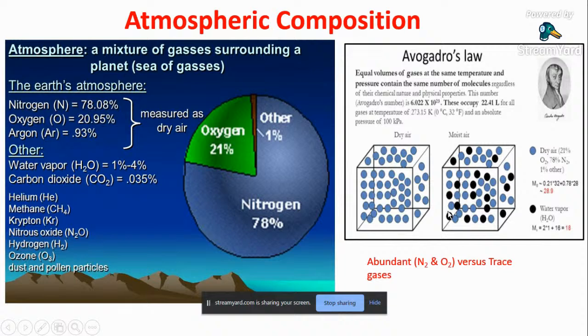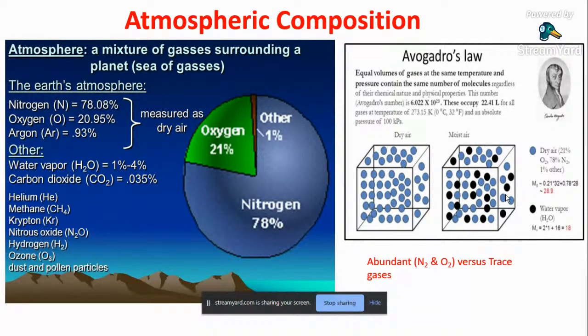In moist air, part of the same unit volume of dry air is replaced by water vapor, which has a molecular weight of only 18. So the net weight will be much less. This is the difference between dry air and moist air.